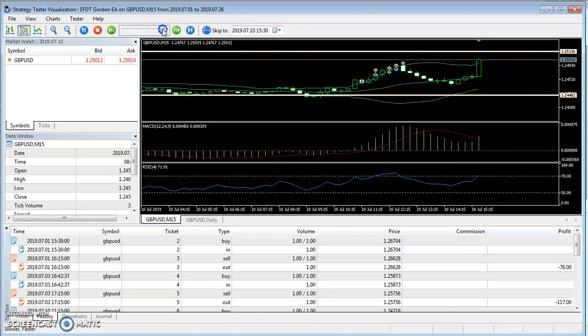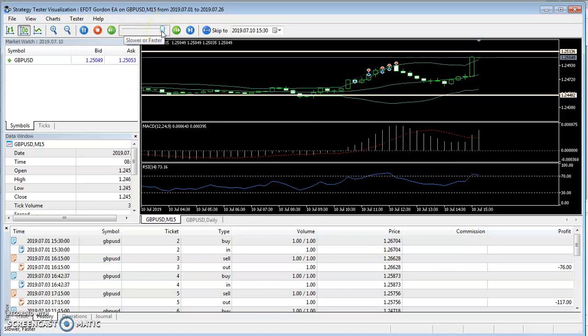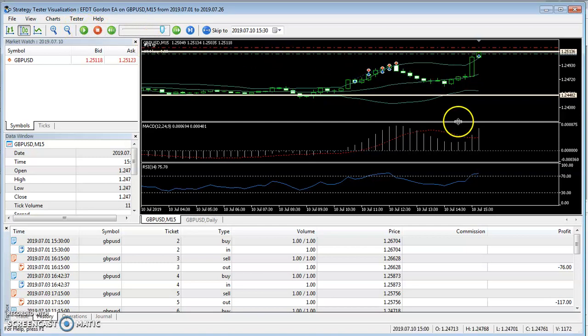If I speed it up, alright, perfect. And you can see here that the Bollinger Bands expanded. The candlestick broke through the upper band.